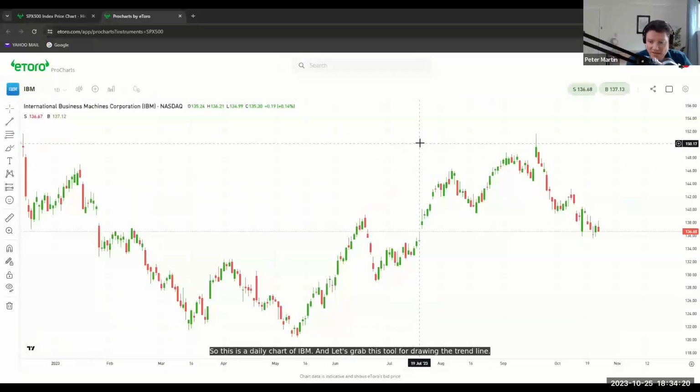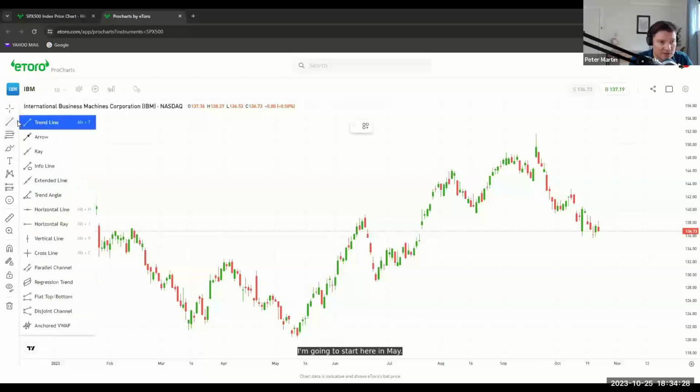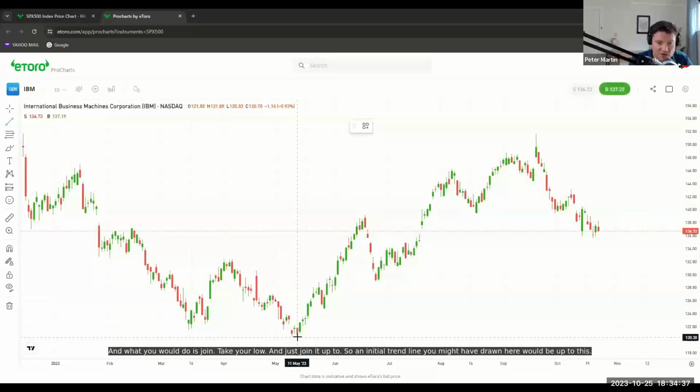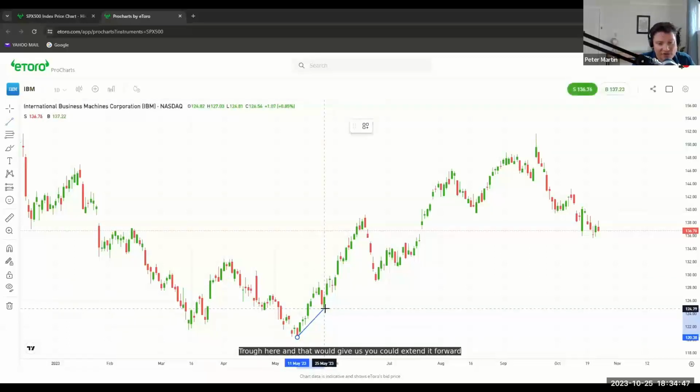So this is a daily chart of IBM, and let's grab this tool for drawing the trend line. I'm going to start here in May, and what you would do is take your low and join it up to, so the initial trend line you might have drawn here would be up to this trough here. And you could extend it forward.